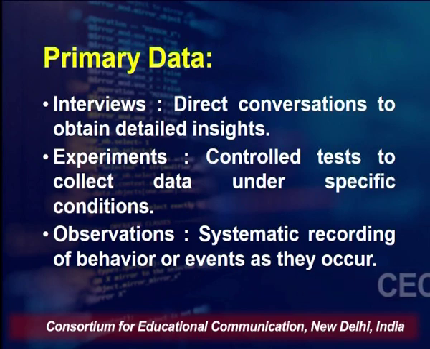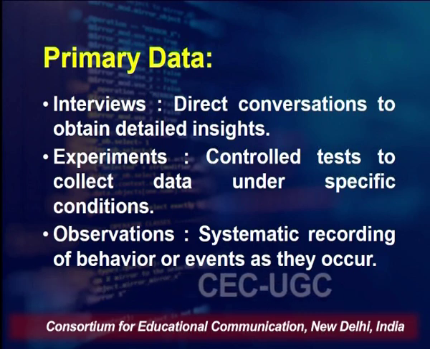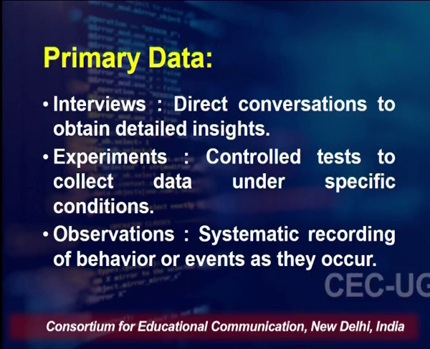If you are collecting data through a survey or questionnaire, using some kind of online form or structured tool, then that data is known as primary data. Interviews are one of the very important methods for collecting primary data because you are directly conversing to obtain detailed insights.